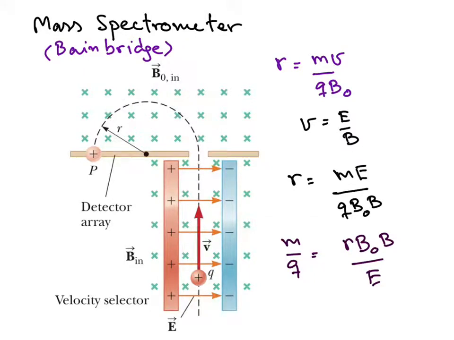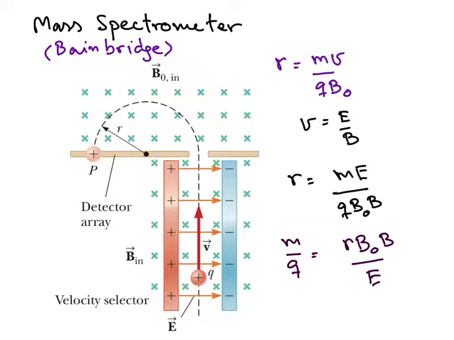You can see that the radius of this circular path is proportional to the mass of the particle. If the particles have the same charge, the radius is proportional to m.